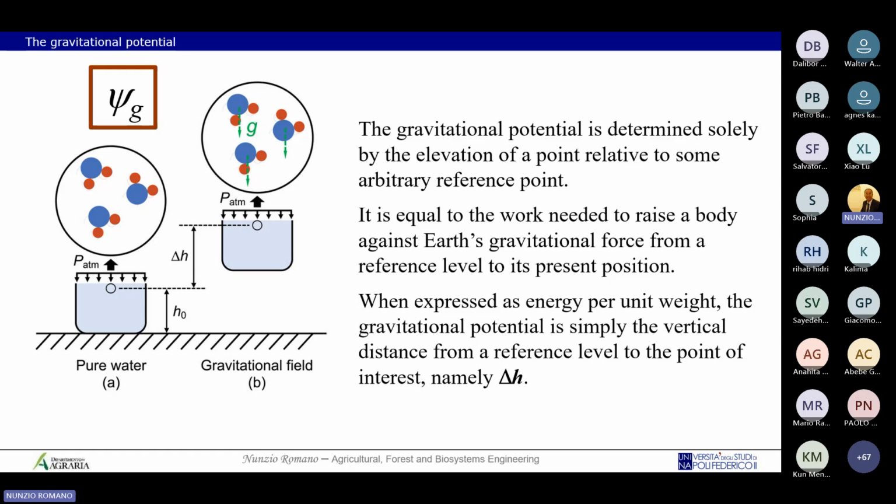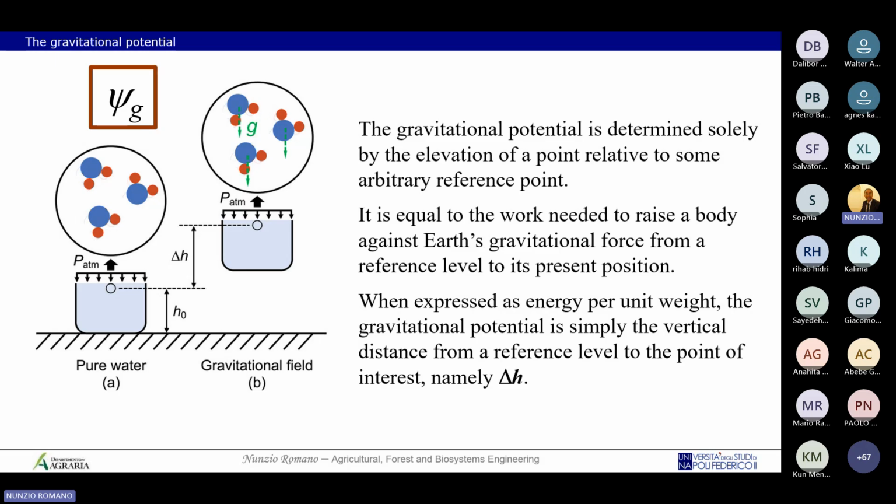Why? Because this gravitational potential is just equal to delta H, so the difference in the position between the two molecules, and I will show you later this in more detail.